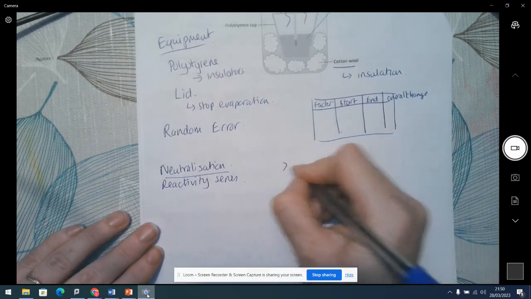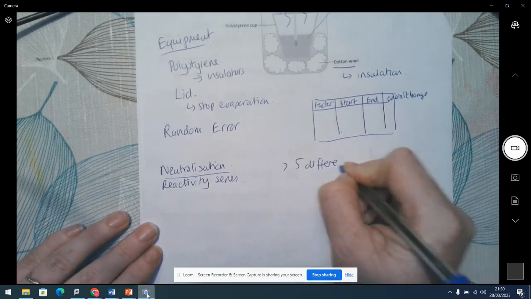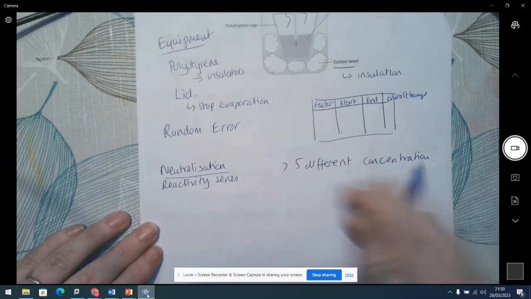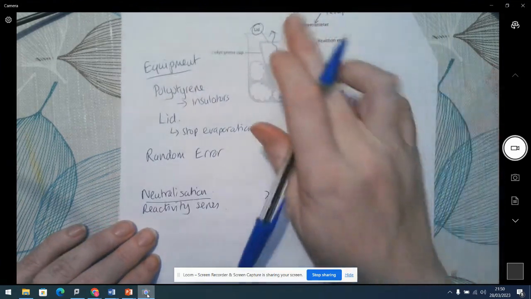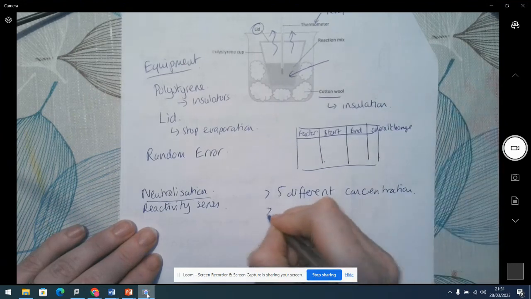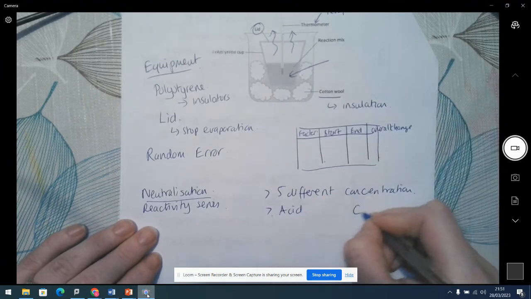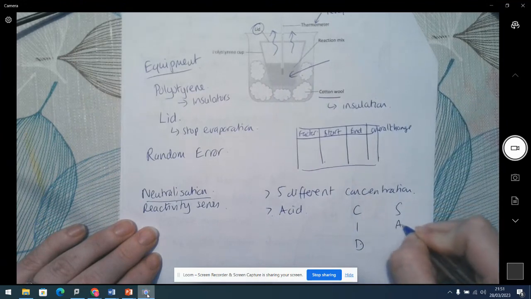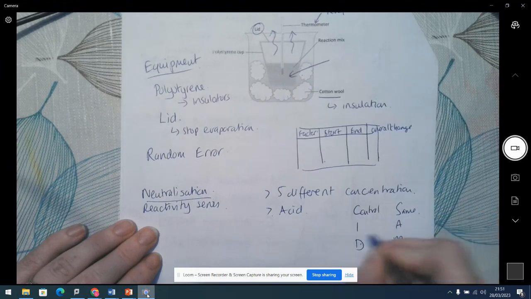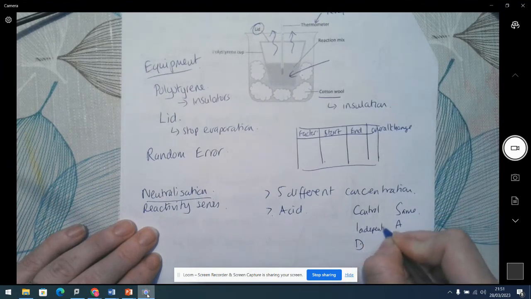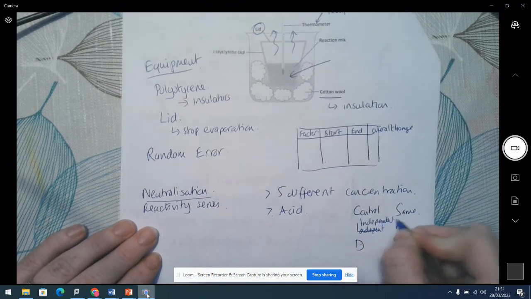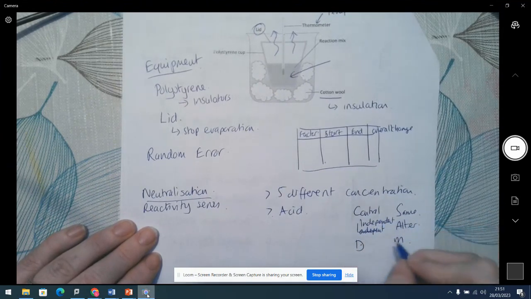So I would have my 5 different concentrations. I would have my acid added to my polystyrene cup. And this is where you need to remember SID, SAM. My control is what we keep the same. My independent is what we alter, so what we're changing.